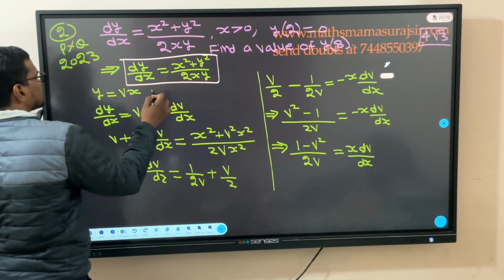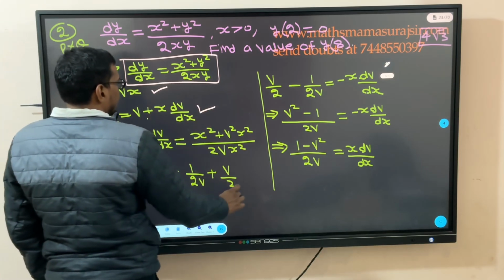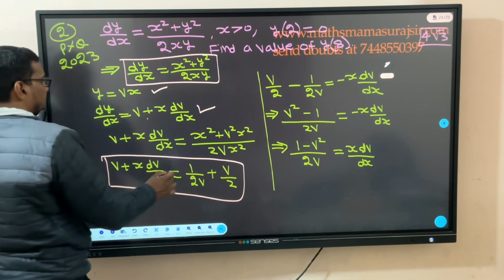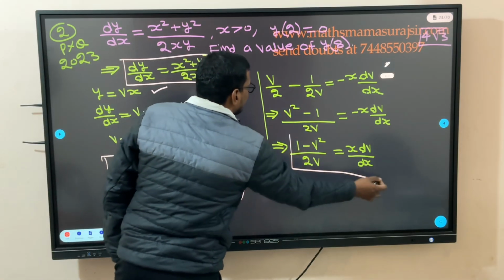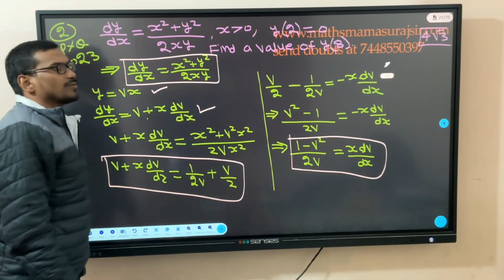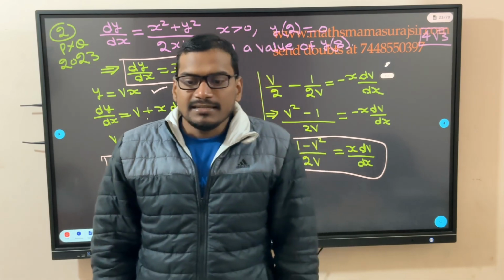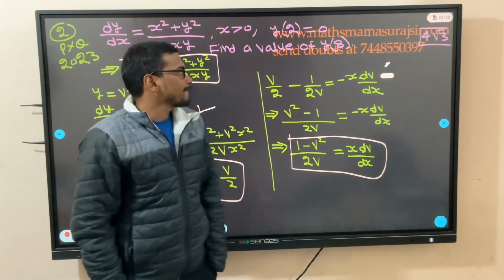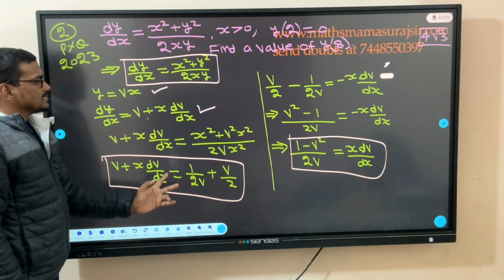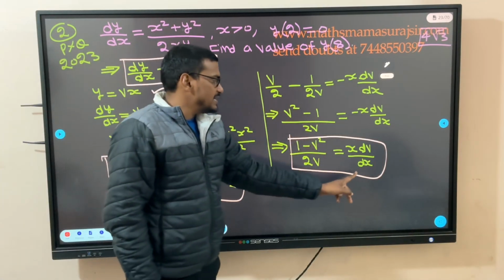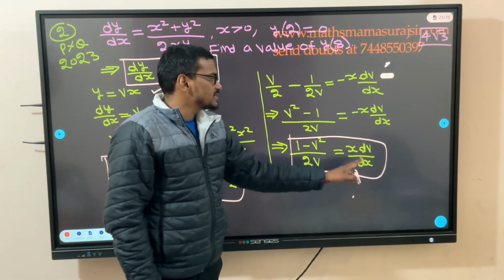So y equal to vx, dy by dx is this, substituted everything, simplified, brought everything to one side and the other side, and finally you got dv with v, dx with x.